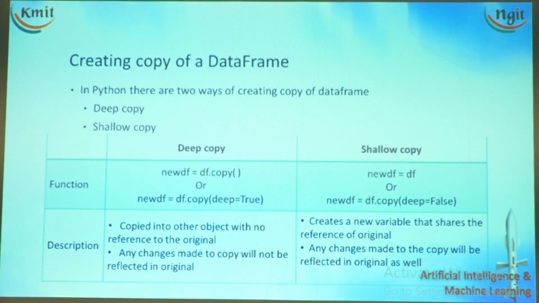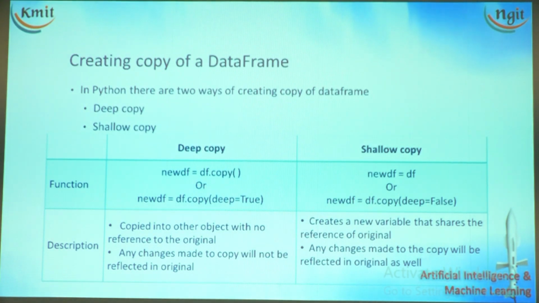Now what is the difference between deep copy and shallow copy? If it is a deep copy, it will be copied into another object with no reference to the original. Means you are not changing the contents of your original data structure. But if you are directly working with a shallow copy, you are manipulating the contents of your data.